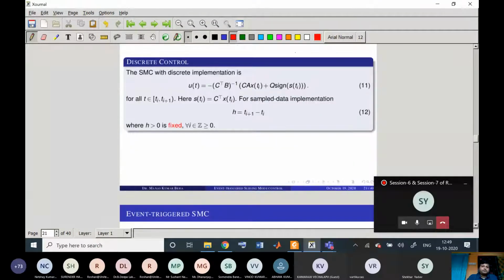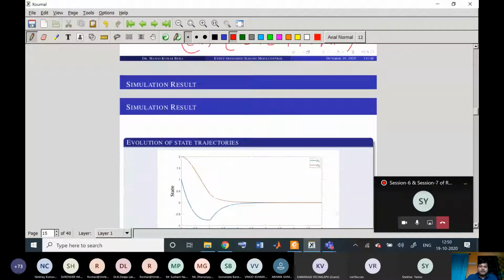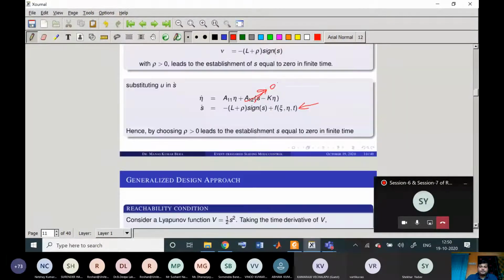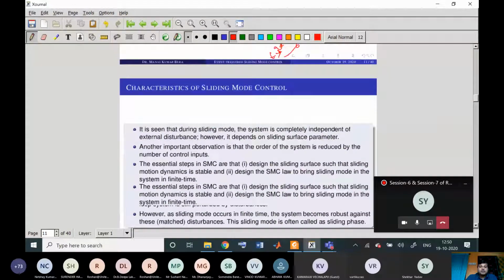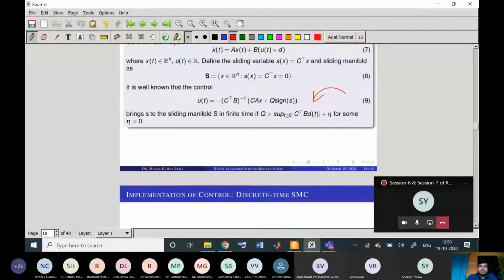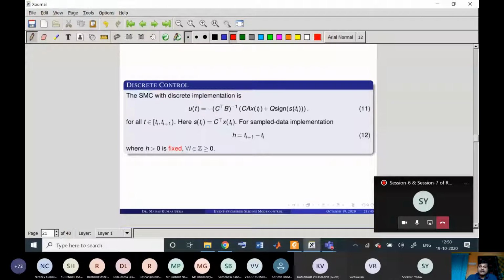Then the SMC in the discrete implementation. Now you see the continuous control law which we have derived, equation number 9, is now implemented with the sampled version, that is x of ti and s of ti, where s of ti is equal to C transpose x of ti.